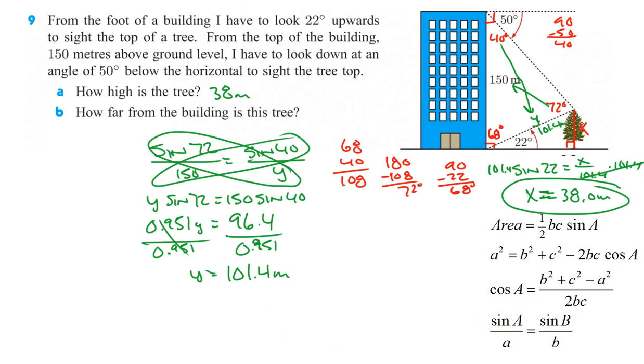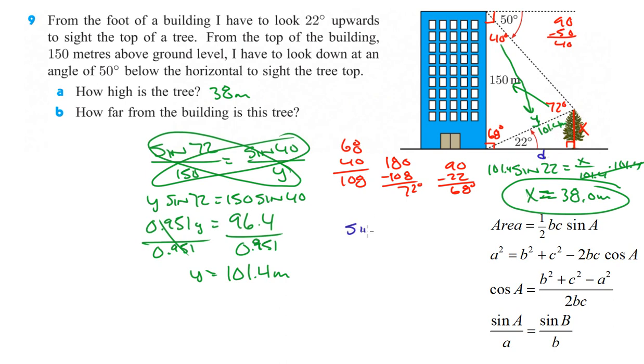So now we've got to figure out what this is. Good news, we already know this is 101.4, and that's 22. We haven't done blue yet, so let's do that. To find this distance here, that's adjacent and hypotenuse.